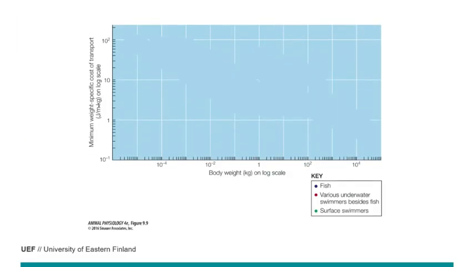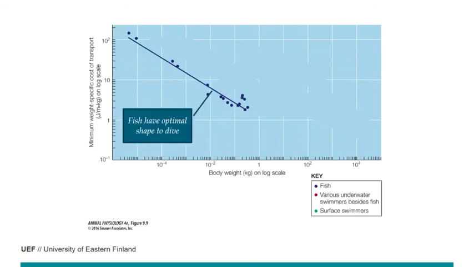What about then when we are doing the same thing, swimming? What are the factors that affect how effective we are in moving from one place to another? Well, the fish have developed very well for diving or swimming underwater.